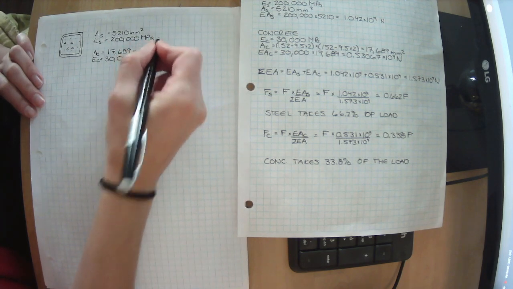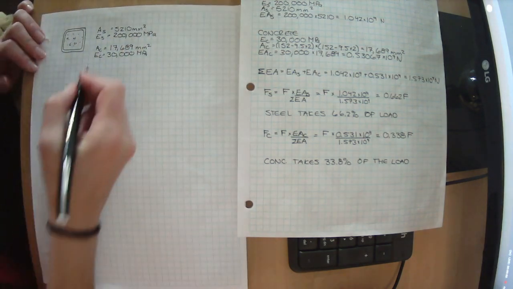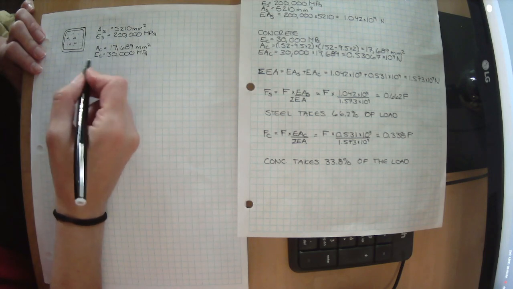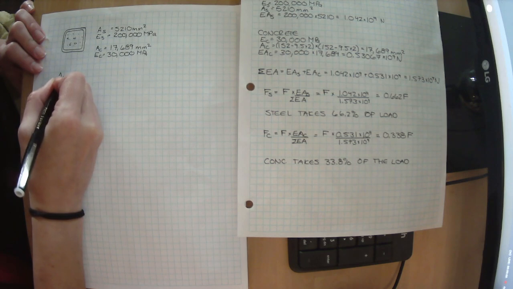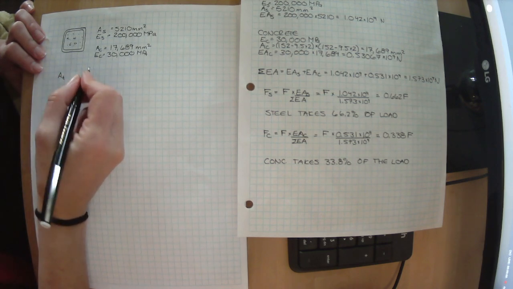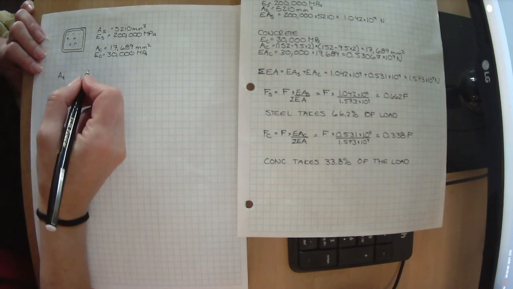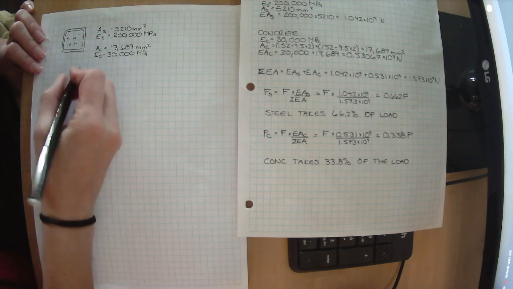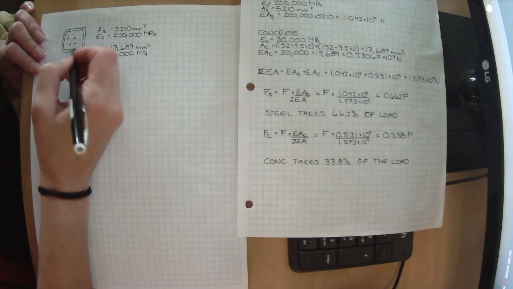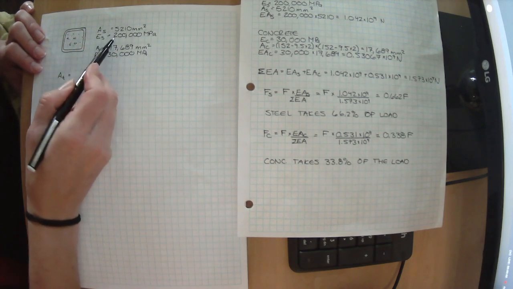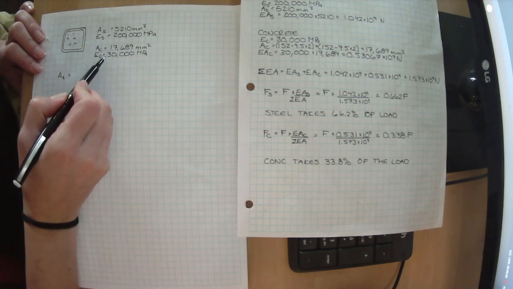All right. If we want to transform the steel into concrete, we want to transform the area of the steel. So we want to figure out what equivalent area we'd need of steel if our stiffness was the same as our concrete.